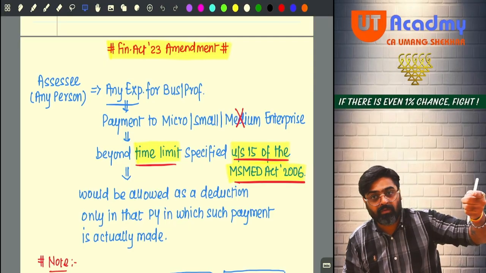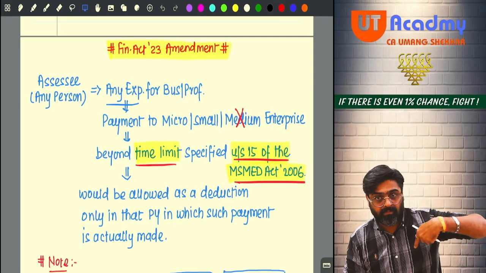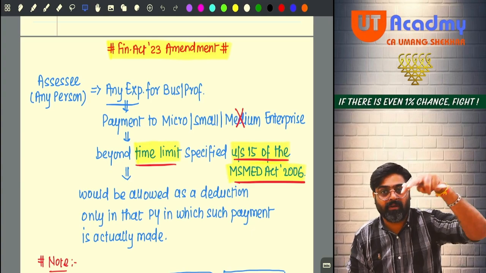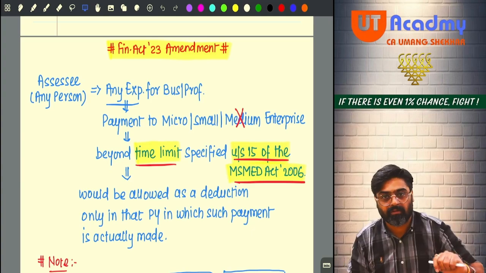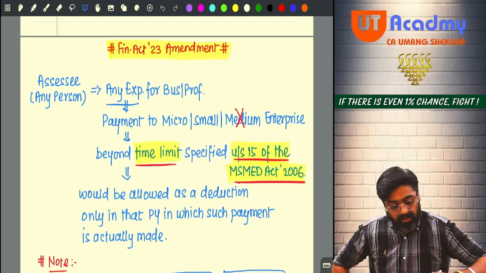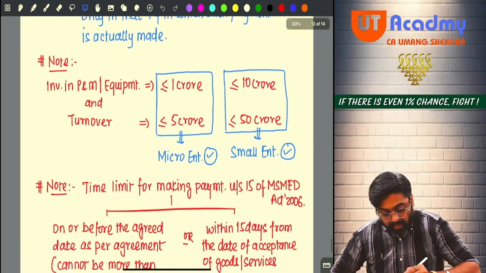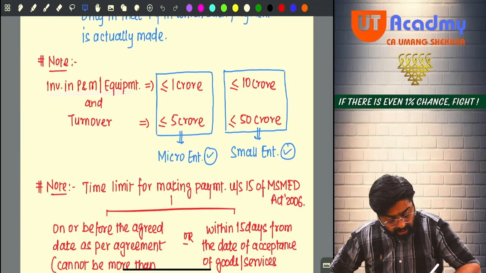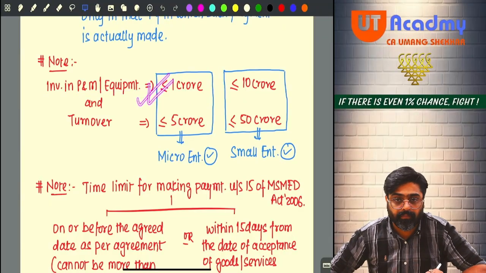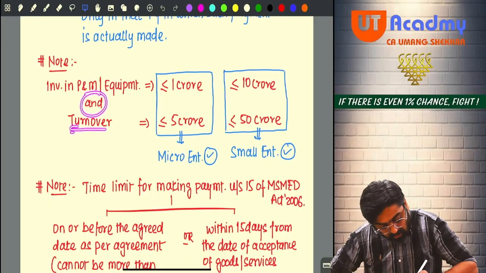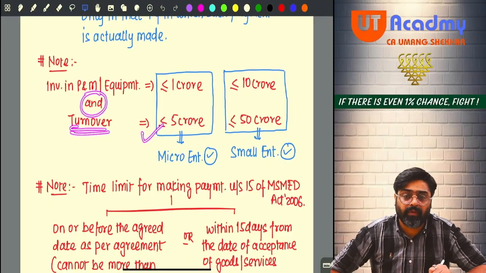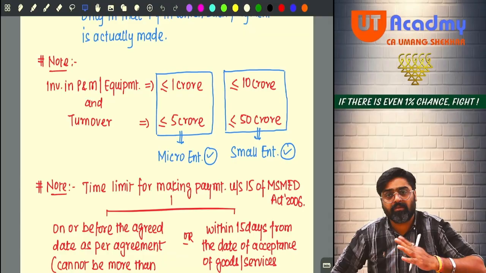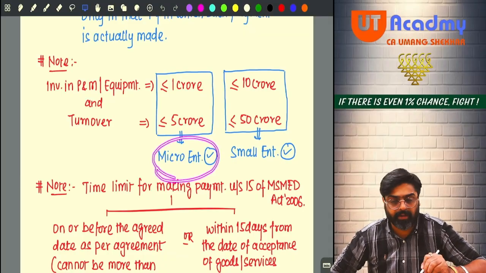So that partnership firm is a micro enterprise. So who is a micro enterprise? An enterprise where the total investment in plant, machinery and equipment does not exceed 1 crore, as well as the turnover does not exceed 5 crore. Then that entity is known as a micro enterprise.